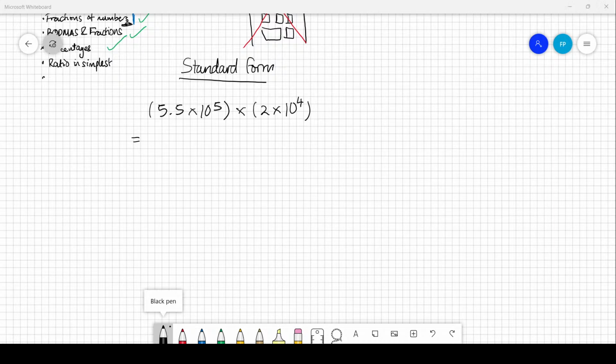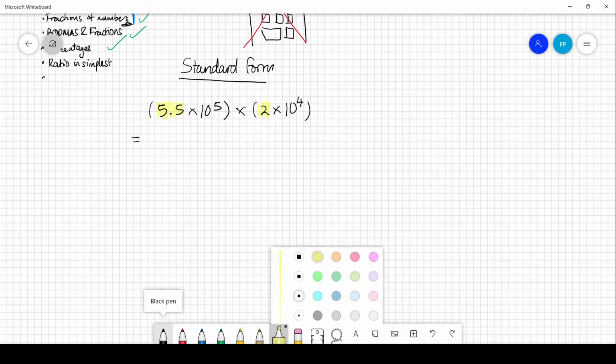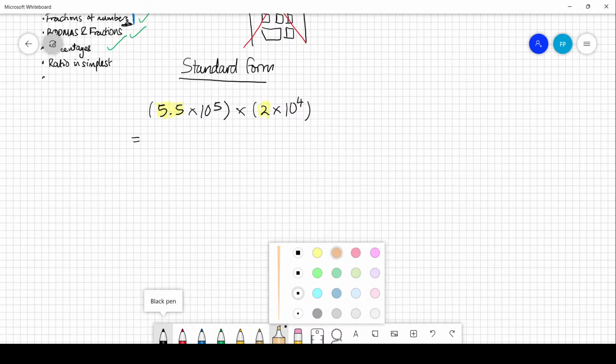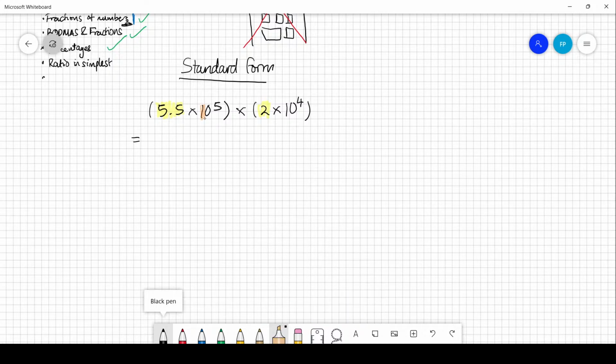You'd convert them? Not exactly. So if we highlight some bits, we've got little ordinary numbers that we are familiar with, like 5.5 and then the ordinary 2. And we'll also highlight these powers of 10. So we've got 10 to the power of 5 and 10 to the power of 4.